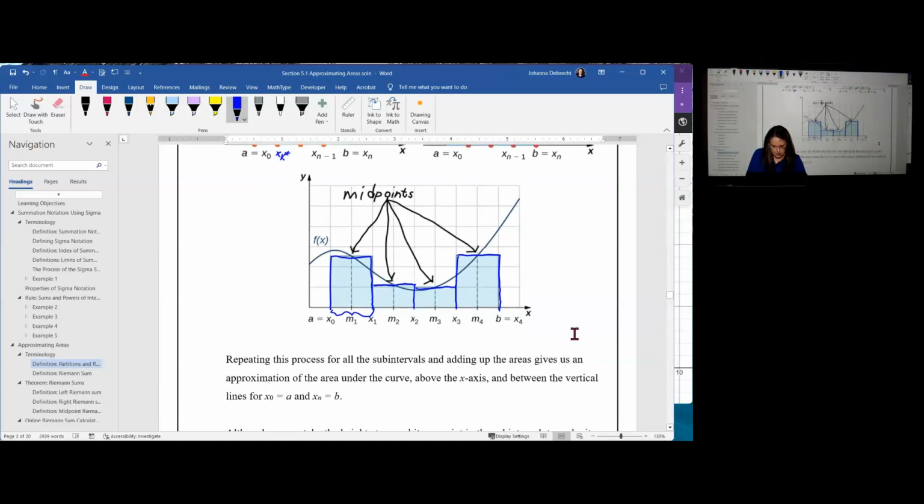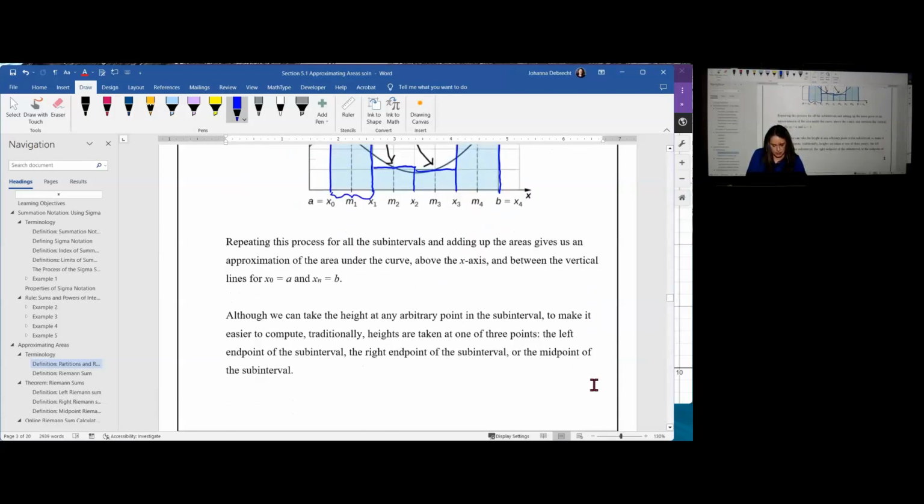By repeating this, we get an approximation for the area under the curve between x equal to a and x equal to b. We can take any point in the subinterval to compute the height, but it is customary and easier mathematically to use the left endpoint or the right endpoint or the midpoint.